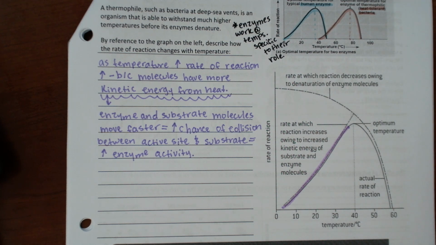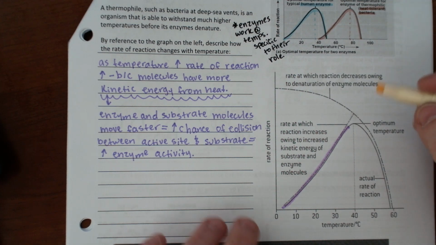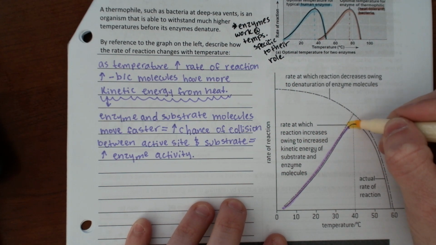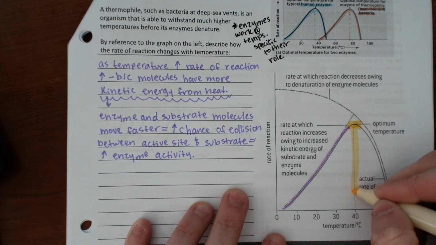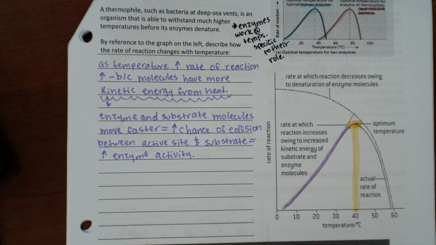And so then we hit our optimum, our peak. I'm going to make it yellow and then I'm going to regret it. Our optimum temperature. We'll write the yellow part in orange.